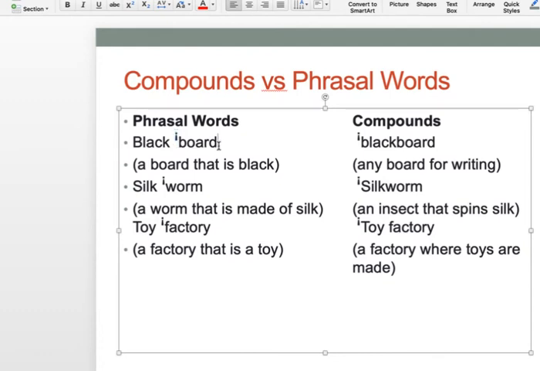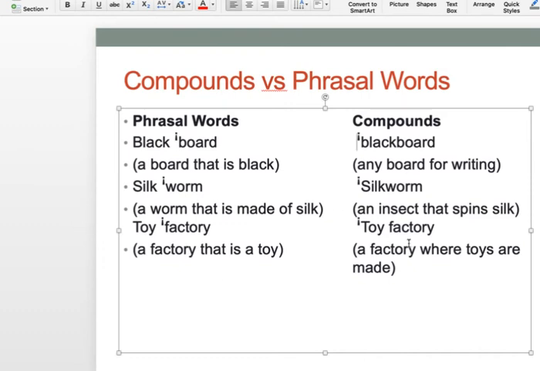For example, the pronunciation between these two: in the phrasal word blackboard, board has been stressed, and in the compound blackboard, black has been stressed and board will have no stress. So black will not be stressed, board will be stressed, as you can see the symbol of stress. Here stress will be at the beginning.